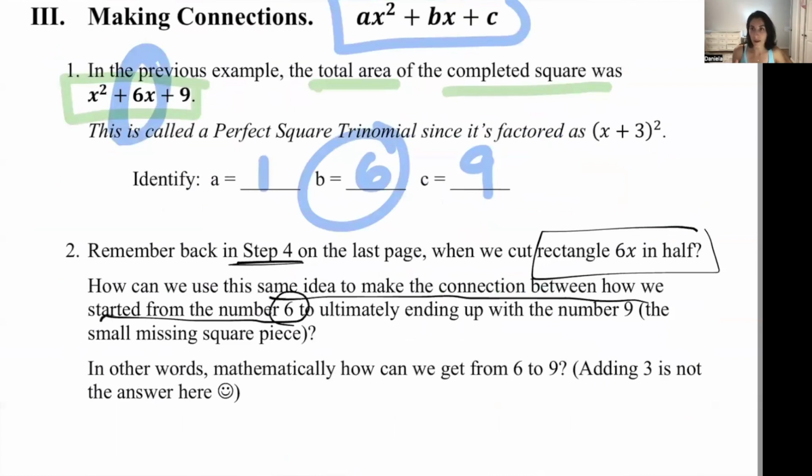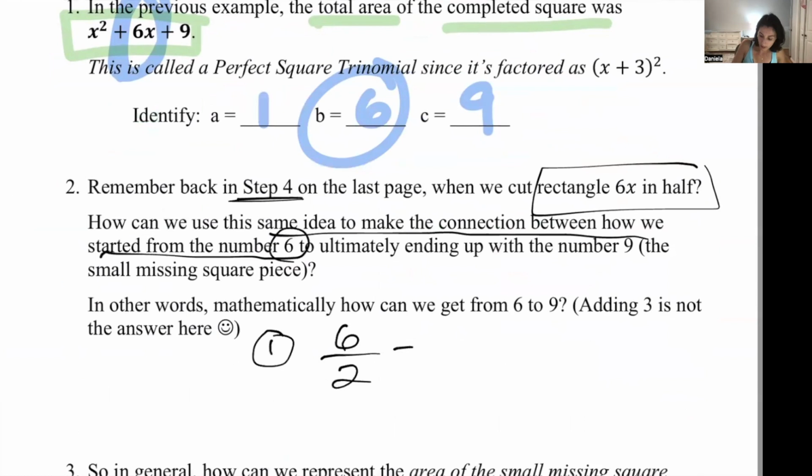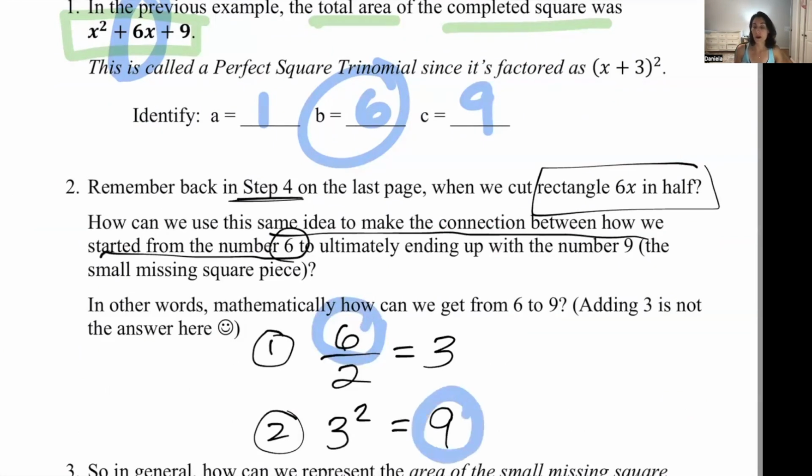Yes, adding 3 to 6 is 9, but again, how do we use what we just did, right? So remember, step 1 was we took the 6 and cut it in half, which we got 3. And then the second thing we did, remember then we had that missing square piece. We found that square piece as 3 squared because it was an area of a square. So that's how we started with a B value of 6 and ended up with that completed square of 9.